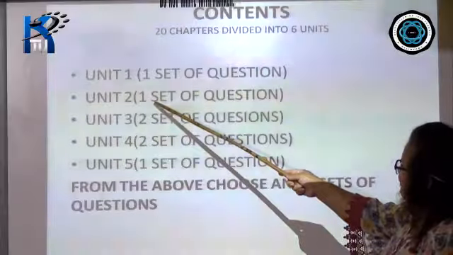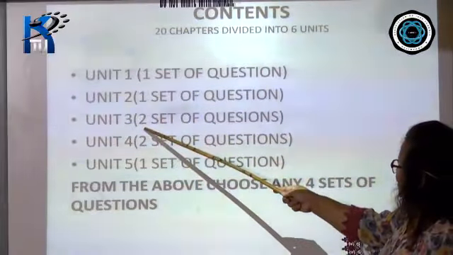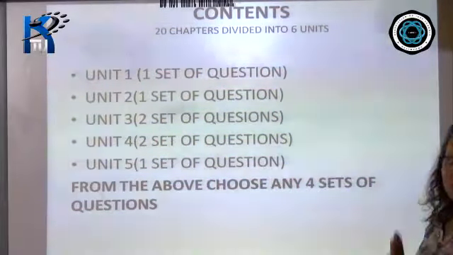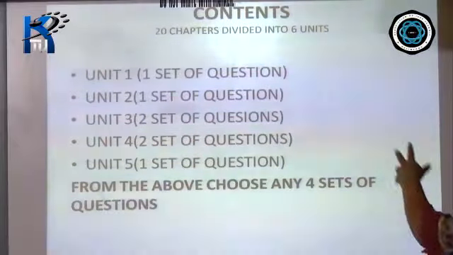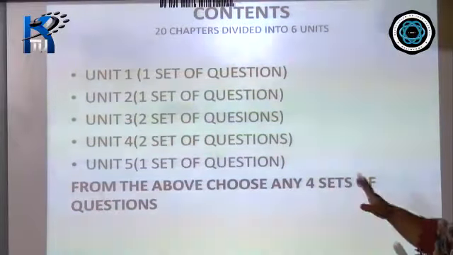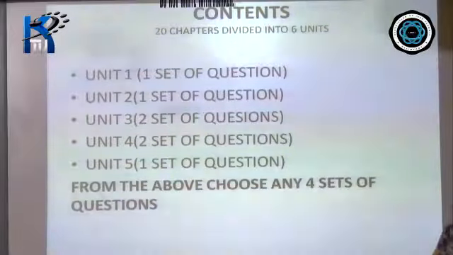You can choose 1 from unit 1, 1 from unit 2, and 2 from unit 3. The choice is up to you, but I've just given you how to choose the questions and how many sets are going to come from each unit. In the next slide I'm going to show you the chapters in each unit and the probable questions.